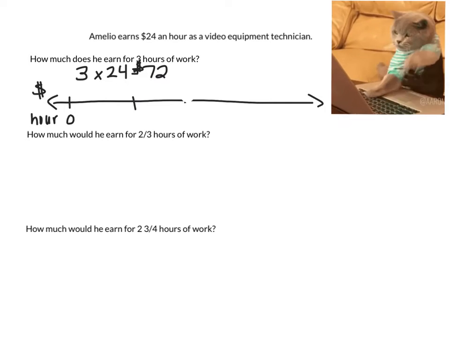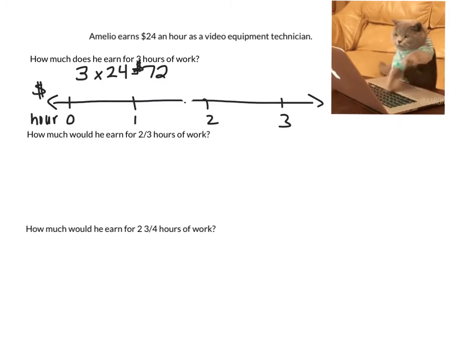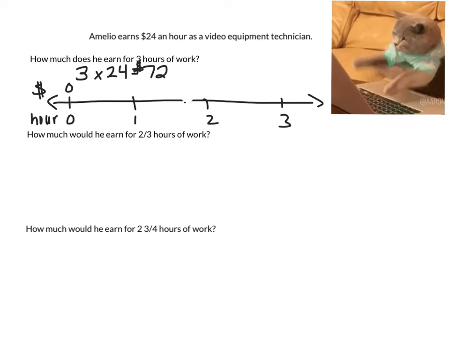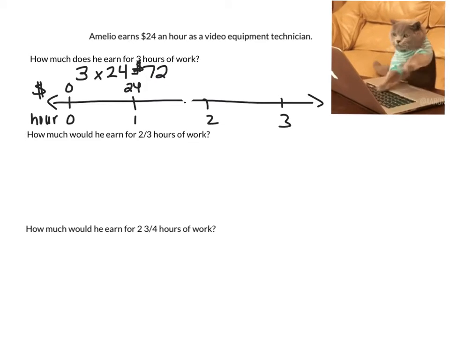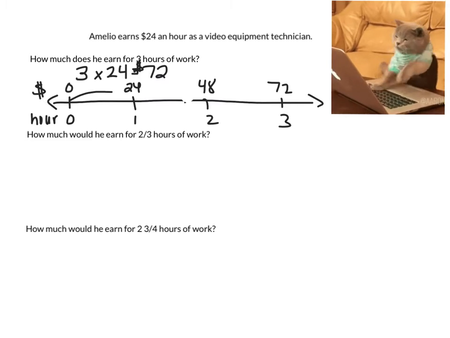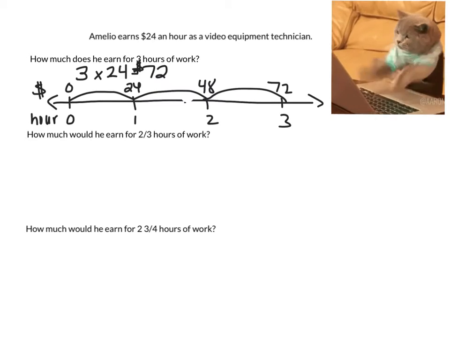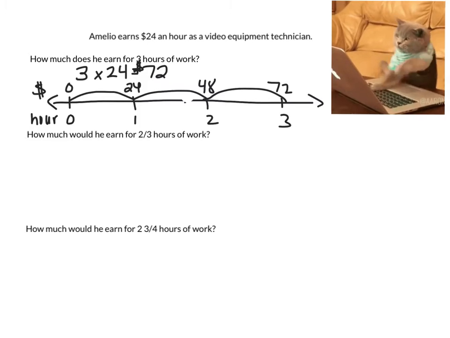So like for example here, 1 hour, 2 hours, 3 hours. If he's worked 0 hours, he makes $0. At 1 hour, he's making 24, 48, then 72, and we can kind of make those little jumps to show that he's going to make $72 for those 3 hours of work.